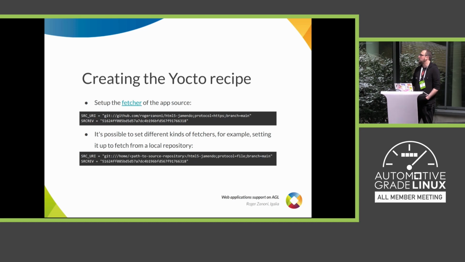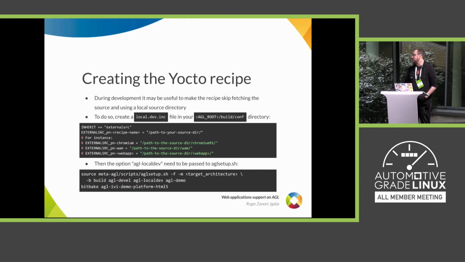In my case, I hosted the demo on GitHub, but it's also possible to use other fetchers like SCP, local files, and there's the external source option that can be used, and you can point to a local directory where you're building your image, and this is good during development, because you don't need to commit your changes and get everything and bundle again.